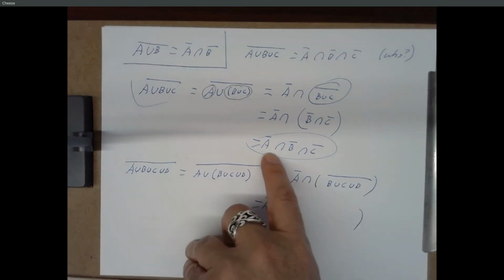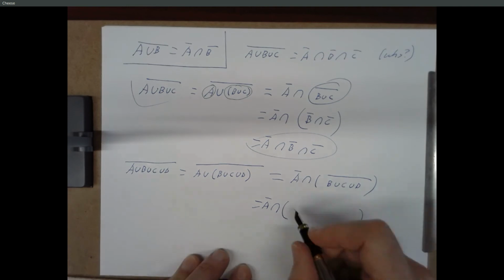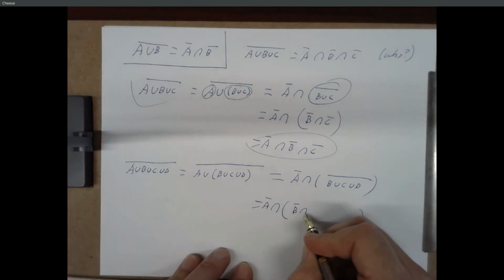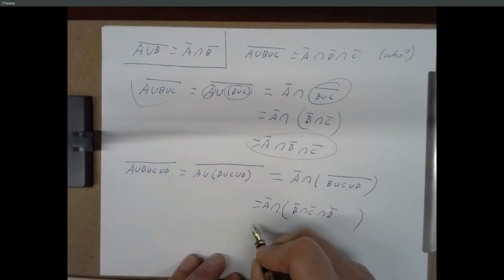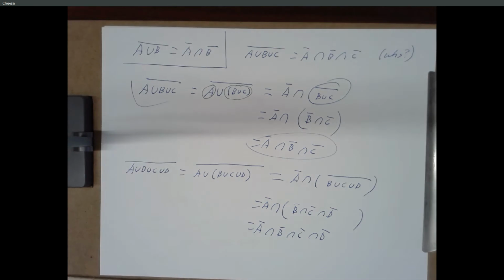And since we know De Morgan's on three variables, we know that the complement of B union C union D is just B bar intersect C bar intersect D bar. Clear your parentheses. There's De Morgan's on four variables.